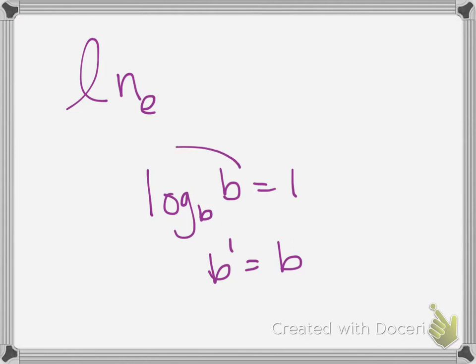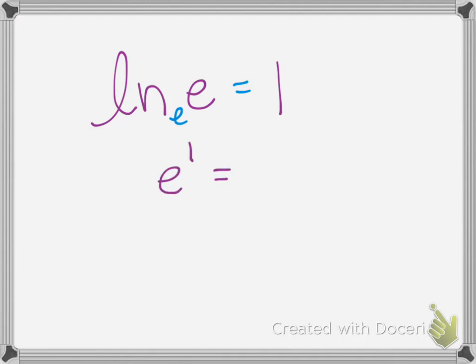And so I truly could replace log base b of b with 1. So if I have ln of e, technically that ln's base is e. So ln e equals 1, because e to the first power will equal e. So my base to my exponent equals my answer.